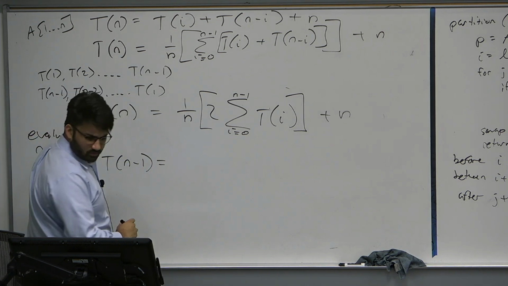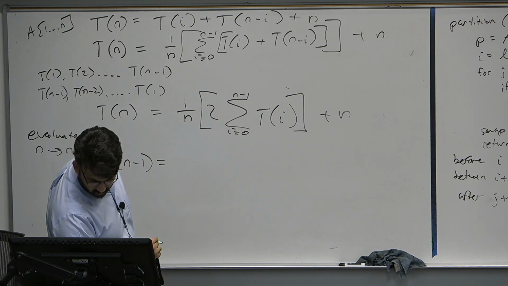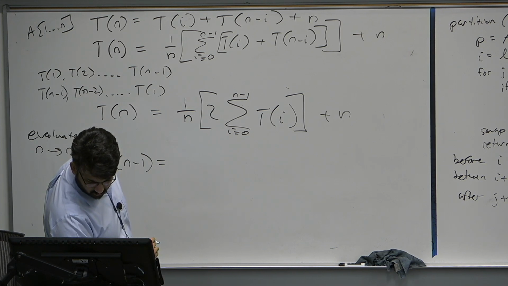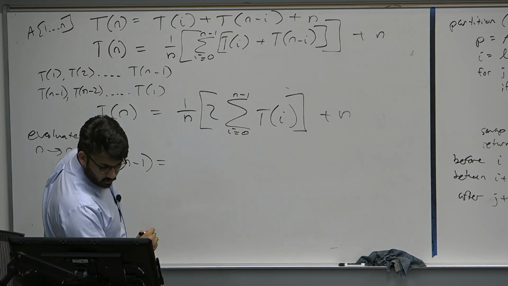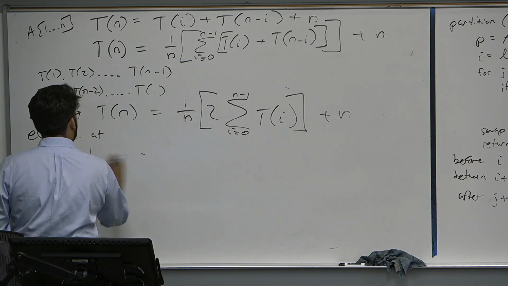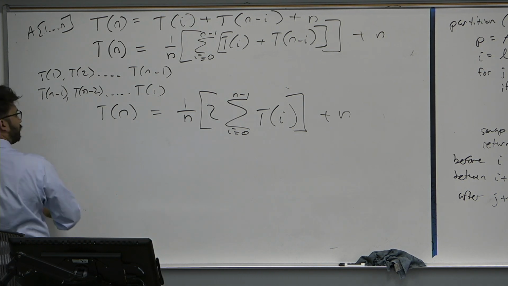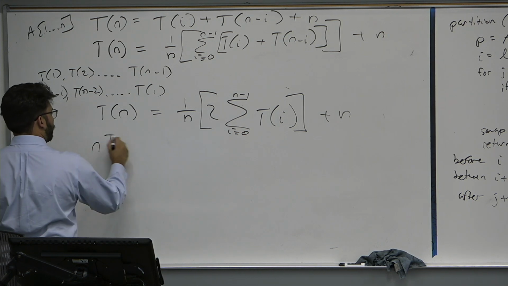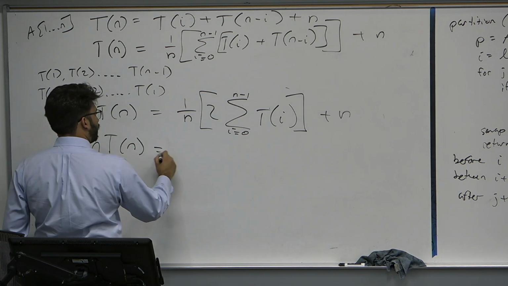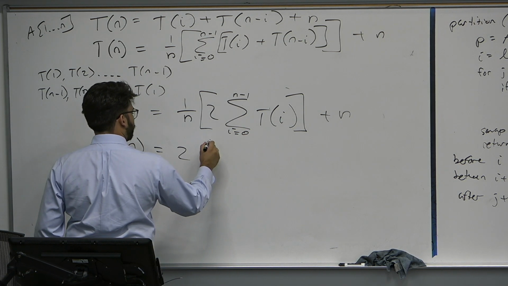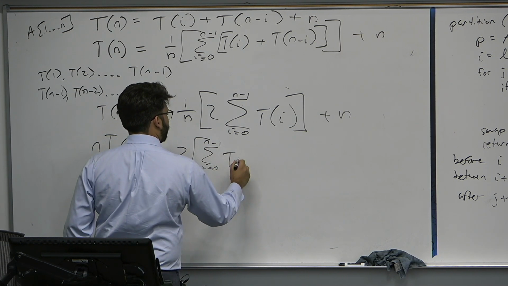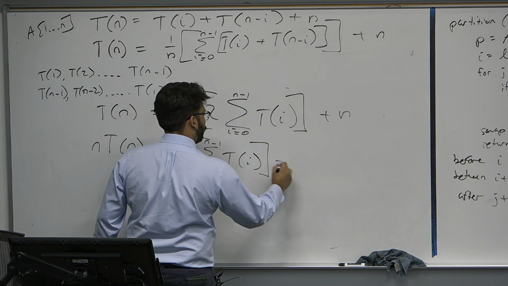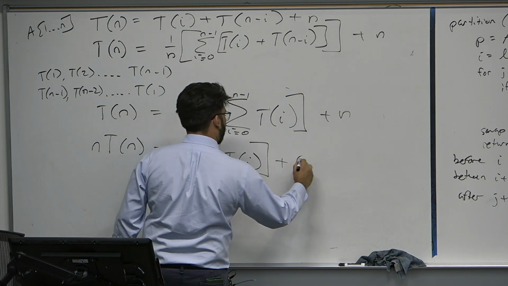Wait, am I doing this right? My mistake. I'm going to first multiply through by n, right? So this is going to be n times t of n, which is equal to 2 times the sum of i equals 0 to n minus 1 of t of i plus n squared, right?